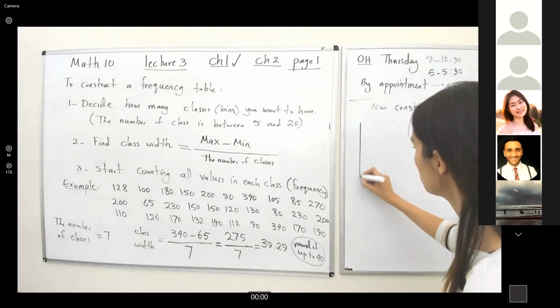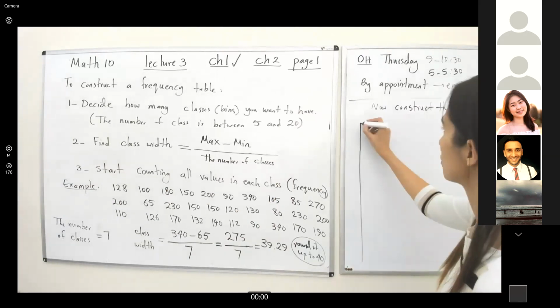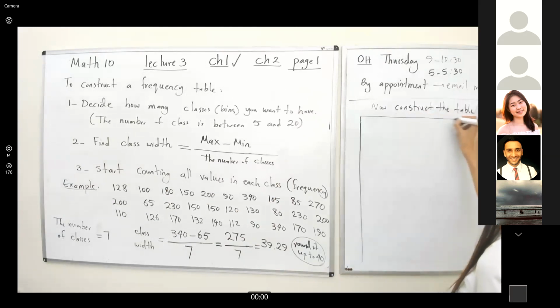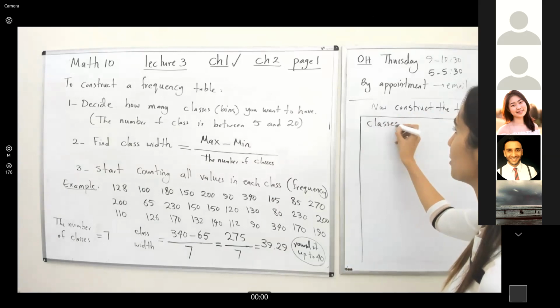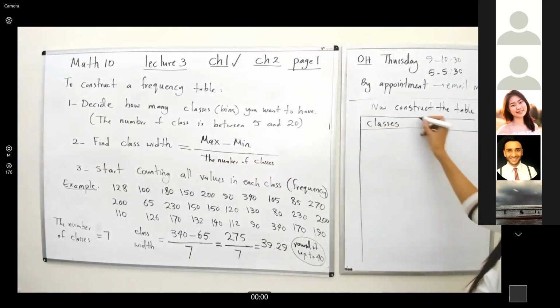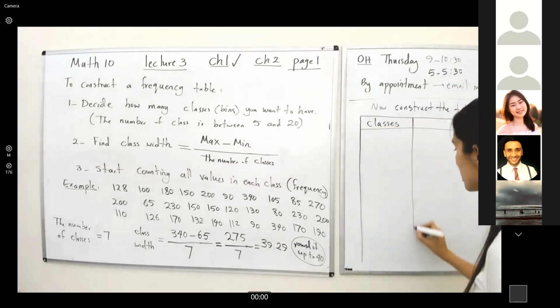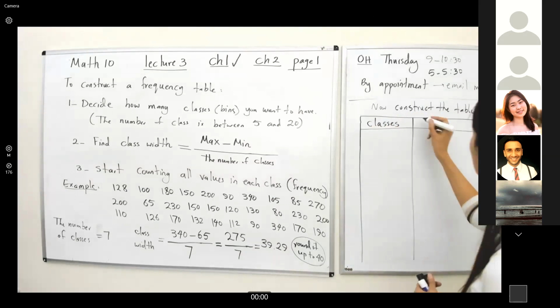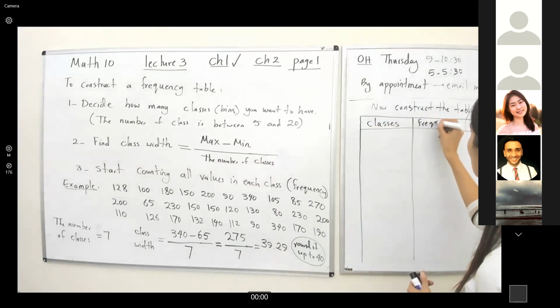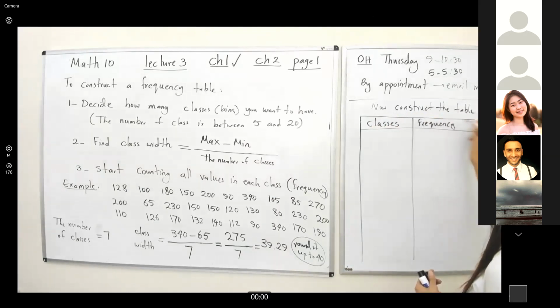So here, you can form your very first column by writing classes here. Your second column is going to be just frequency or count.